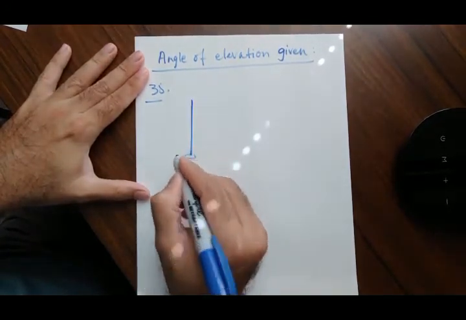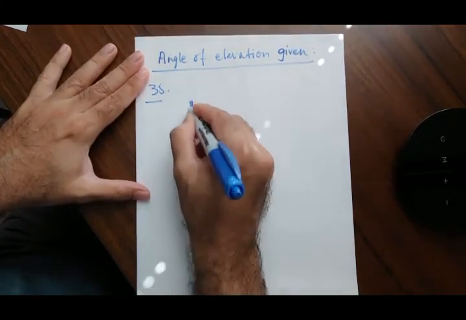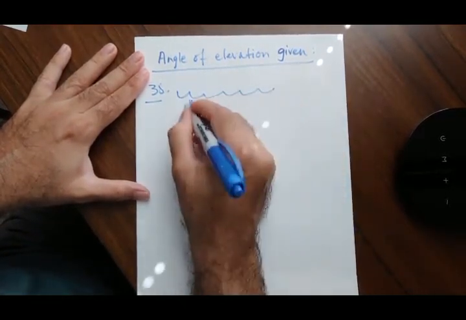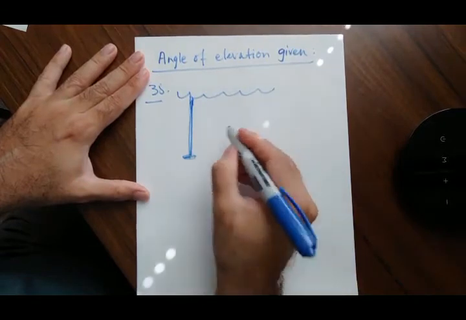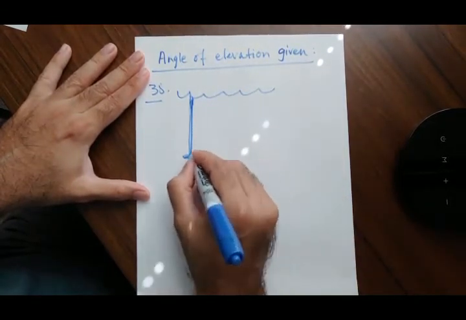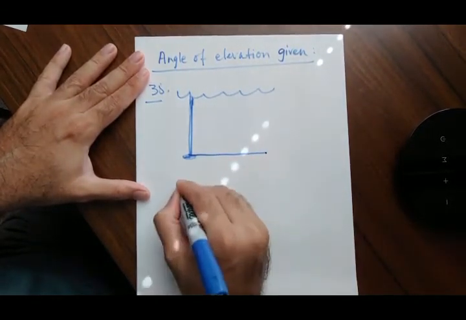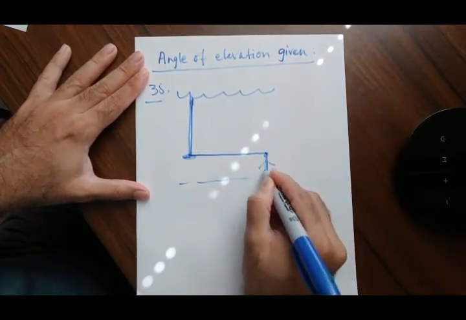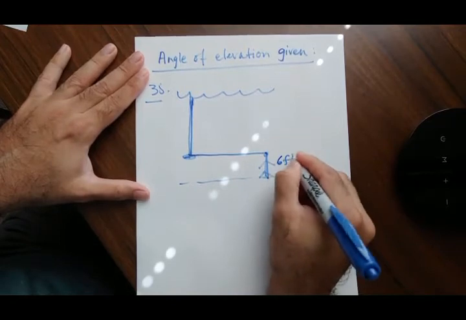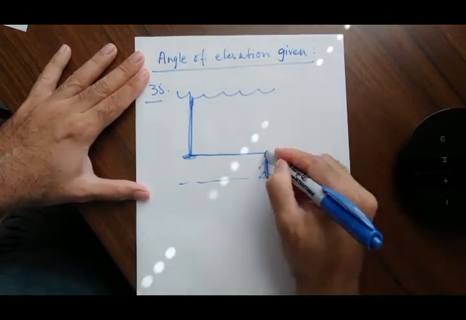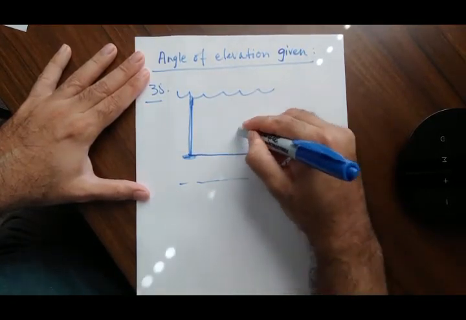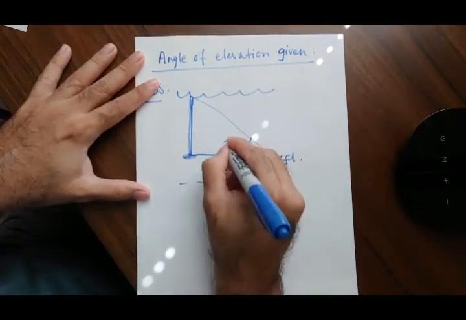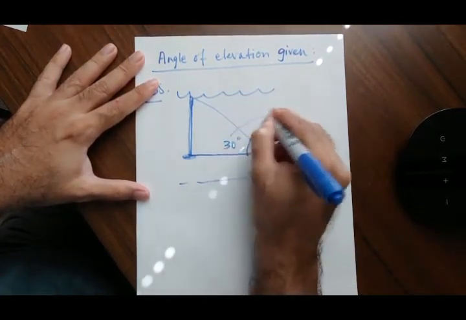So this is the searchlight, the beam of light. And there is some cloud cover here. So the searchlight will hit the cloud cover right there. There is one person standing on the ground, and this person is 6 feet tall. And that person is looking at the cloud cover. So this angle is given as 30 degrees, and this is the angle of elevation.